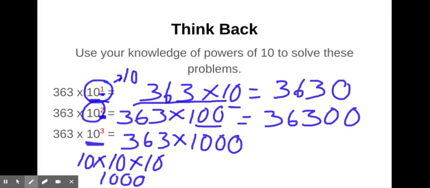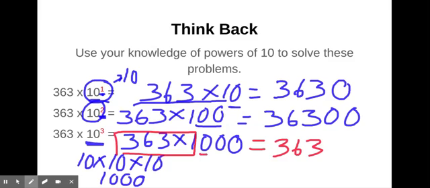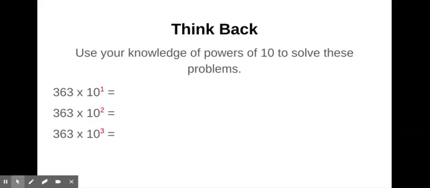We can use our zeros trick here, just like we've been doing. 363 times 1 is 363. There are 1, 2, 3 zeros on our factors, so we need 1, 2, 3 zeros on our product. So we can use our knowledge of zeros to help us multiply powers of 10.